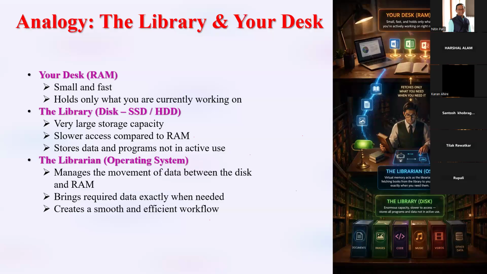And this is exactly what your operating system does using paging. It continuously manages small pieces of memory, moving them between RAM and disk without you even noticing. So keep this analogy in mind as we move forward, because every time we talk about pages, frames, or page faults, just imagine books, desk, and librarian, and everything will start making perfect sense.